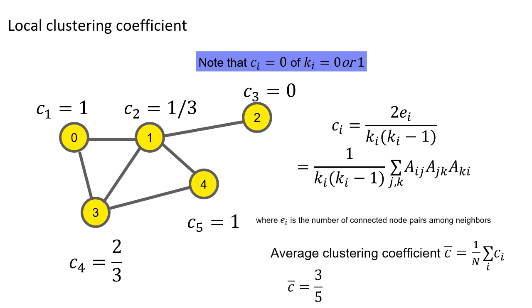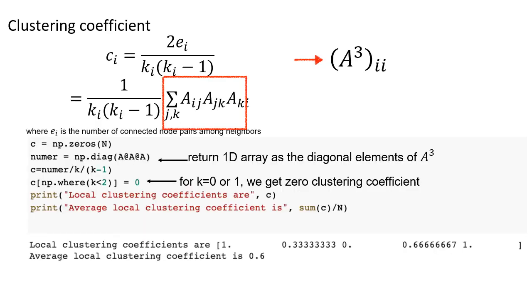We consider the first node, C0. Then it is a good idea to move to how to calculate this clustering coefficient in Python. It is Ci, actually. Ci is defined like this.